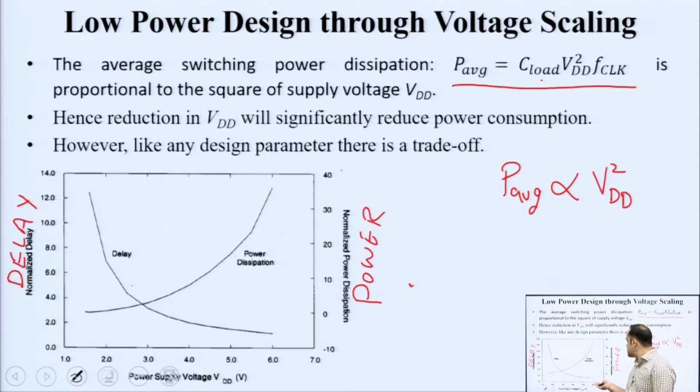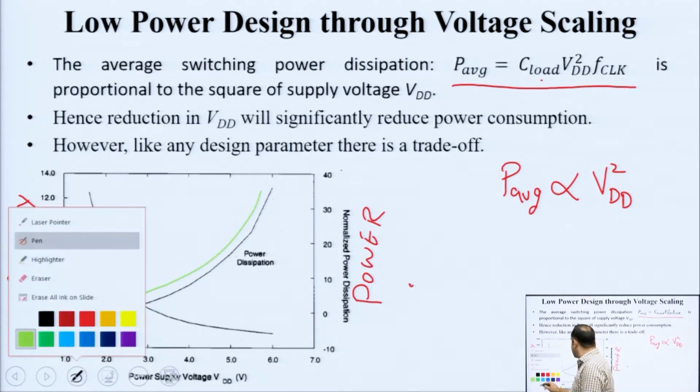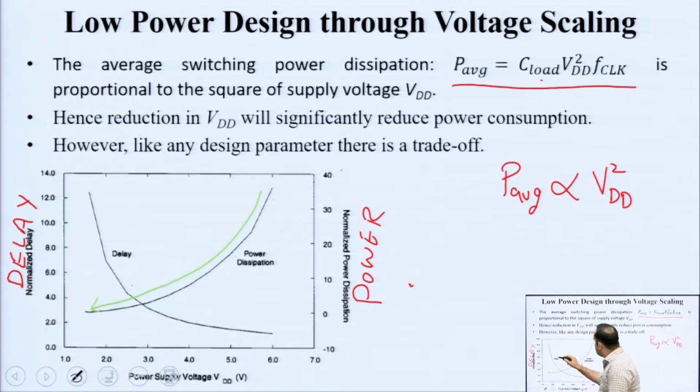So, if you scale down, let us see from right to left, if you scale down your supply voltage, you are going to reduce the amount of power being dissipated, this trend here, which is a good trend. But at the same time, you are going to increase the amount of delay also.